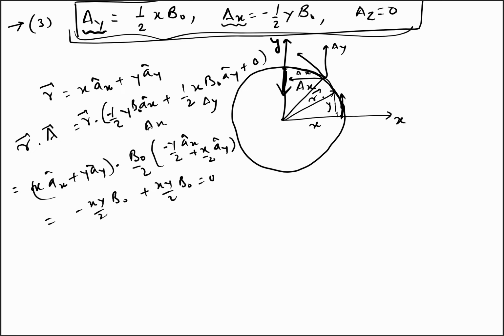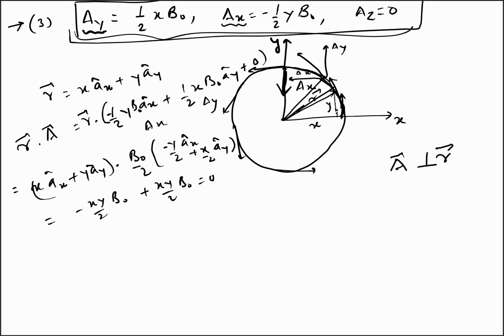So you see that this vector potential is always perpendicular to this radial vector. So again this proves that vector potential will always be tangential to this curve. It will follow this circle and it always will be tangential to this curve.